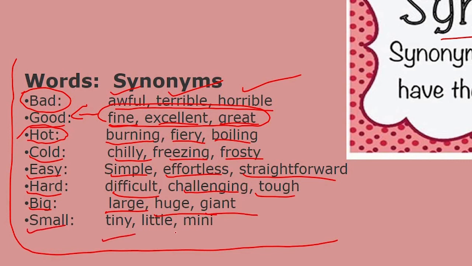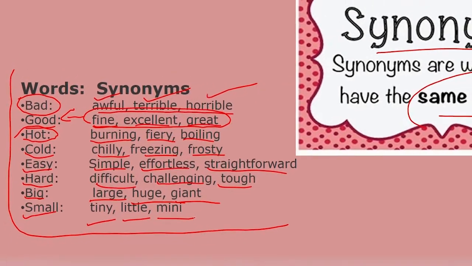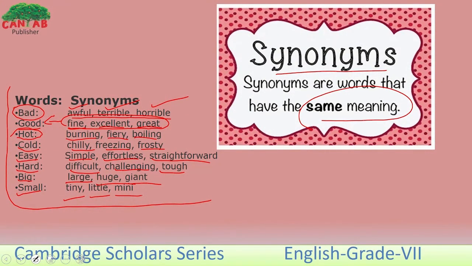Small: tiny, little, mini. But always remember that which of these synonyms we use depends upon the situation in which we are using the word, because for every situation there is a suitable word. You have to choose the right one.